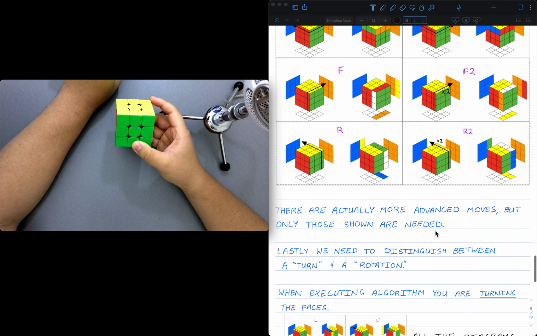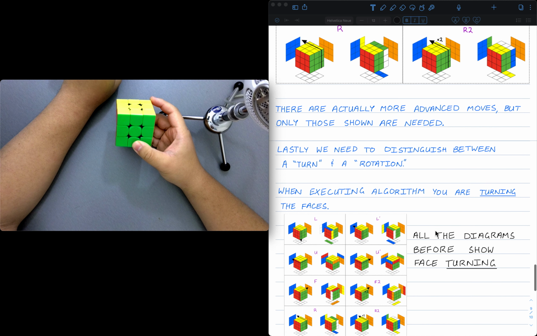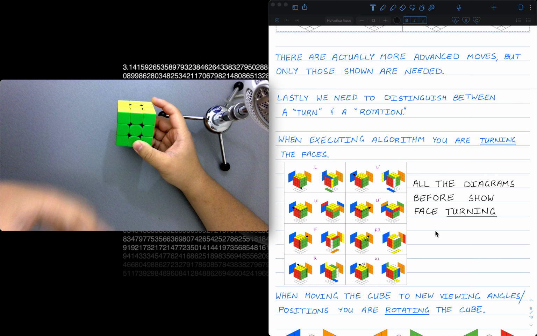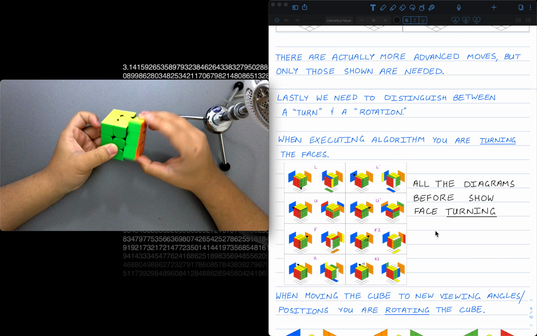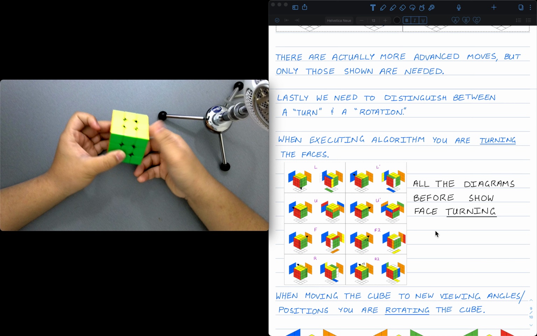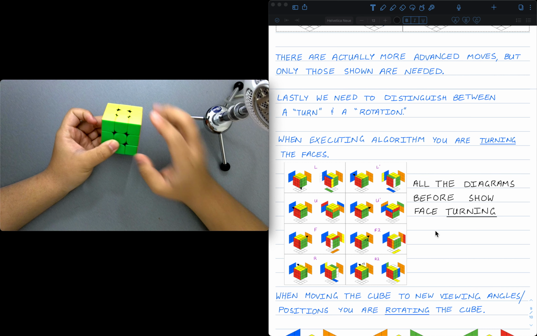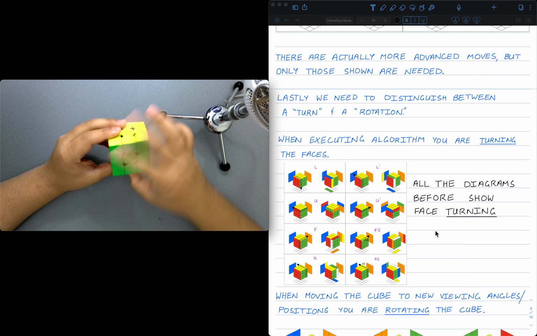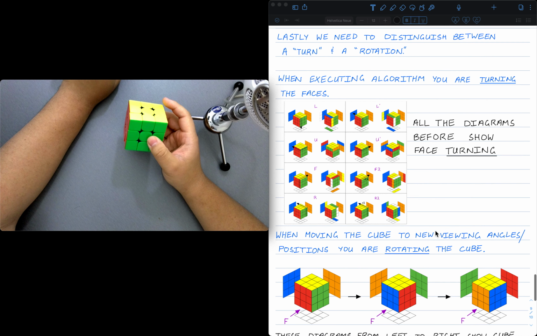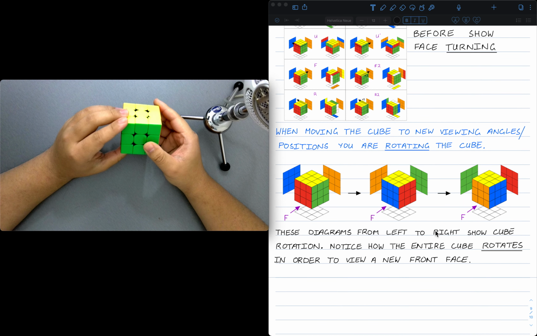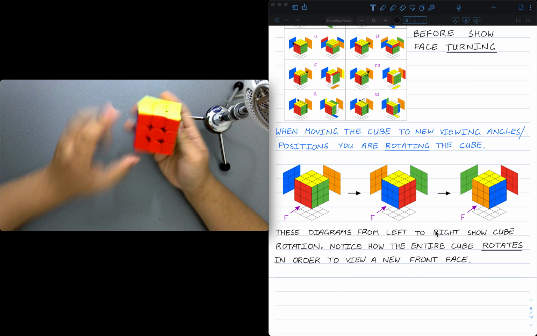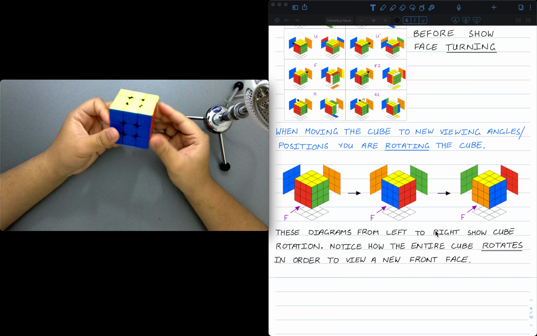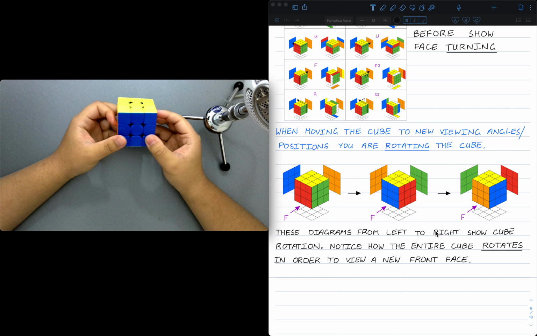Okay. And lastly, we need to distinguish between a turn and a rotation. So when we do an algorithm, you are turning the faces. Everything that you saw before, you're turning the faces. But when you move the cube to a new angle, so say this was front, but if I want to make this front, I'm rotating the entire cube.